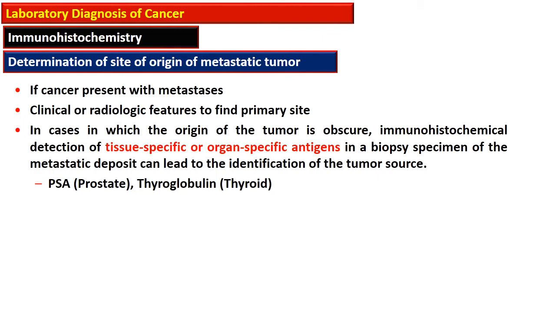If the tumor origin is still obscure, then immunohistochemistry is used through the detection of tissue-specific or organ-specific antigens in the biopsy specimen. Such as the prostate-specific antigen is used for prostate secondaries, and to ascertain whether the primary is from the thyroid or not, thyroglobulin is used.